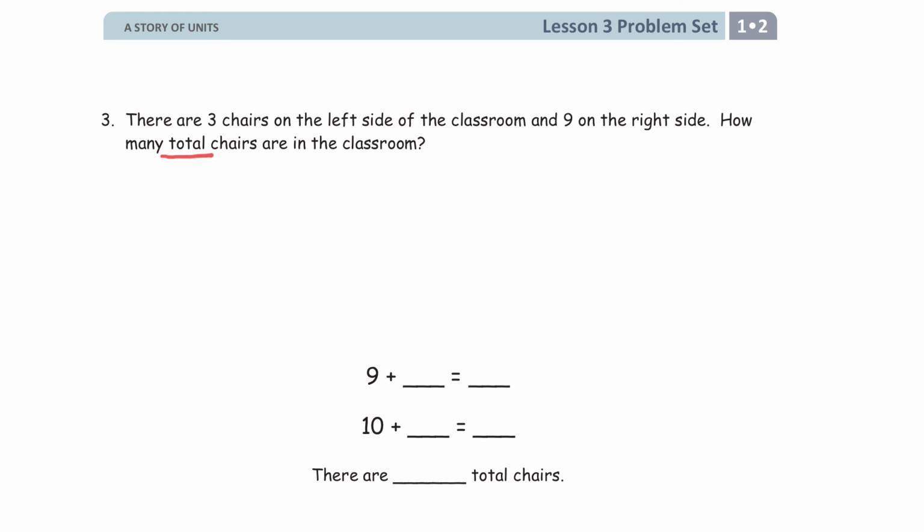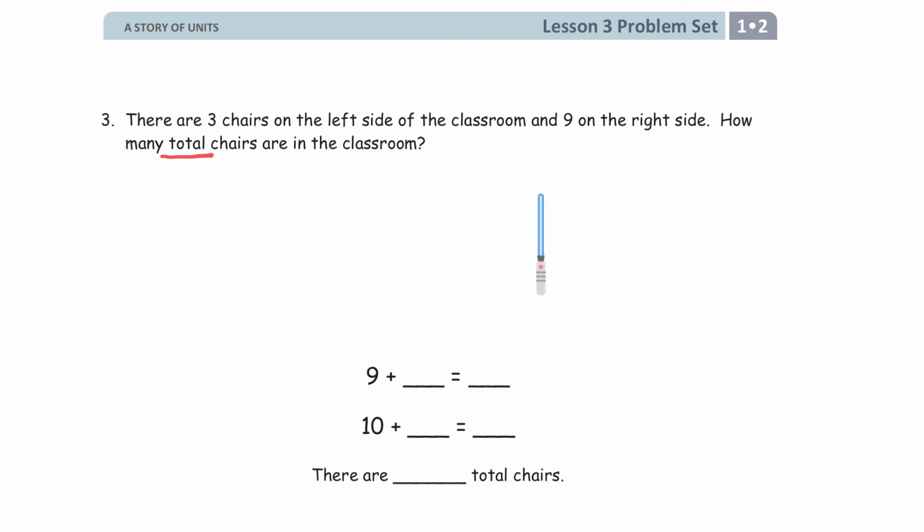You are going to be drawing it out again. Don't forget, you have to draw them out on this problem set. We're going to be drawing out a group of 3 chairs and a group of 9 chairs. So you'll make a group of 3 and a group of 9. 9 plus what group are we making? That's right, groups of 10. So 9 plus what makes 10?